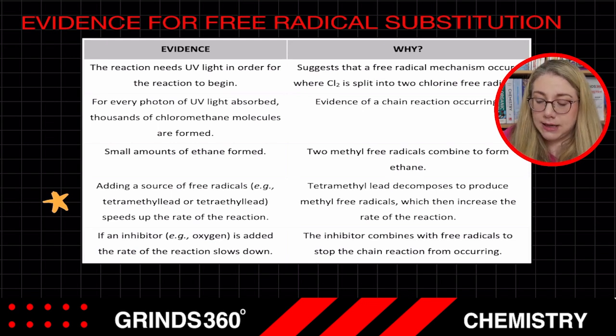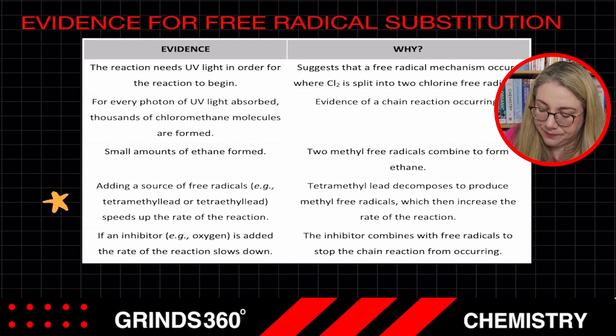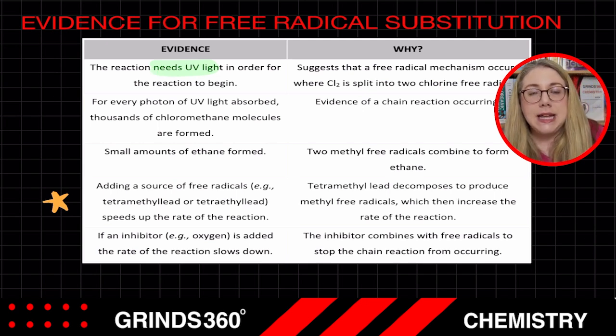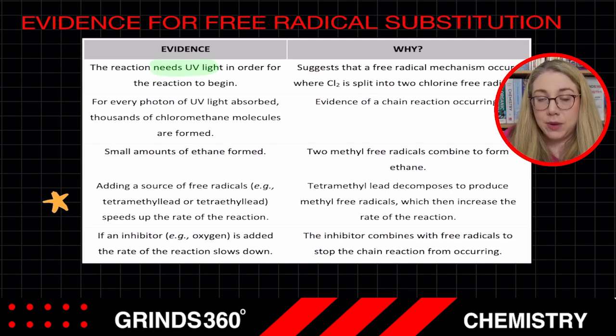Now, let's go through the rest of them. So up the top. The reaction needs UV light in order for the reaction to begin. This reaction is not going to happen without UV light because the UV light is needed to cause the halogen bond to break and form the halogen free radicals. The free radicals don't form without UV light.